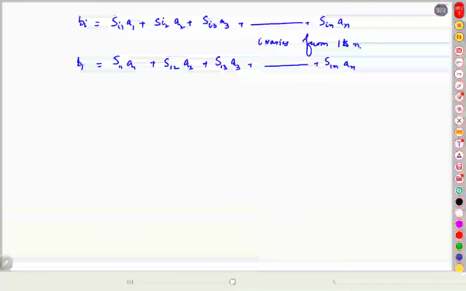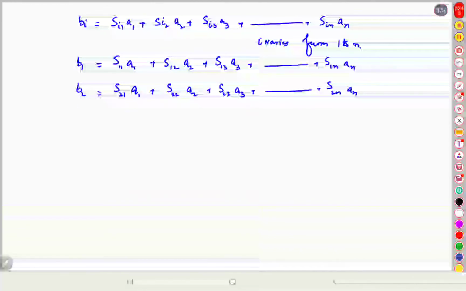If I replace i by 2, I'll get B2 as S21 A1 plus S22 A2 plus S23 A3 plus so on up to S2n An.